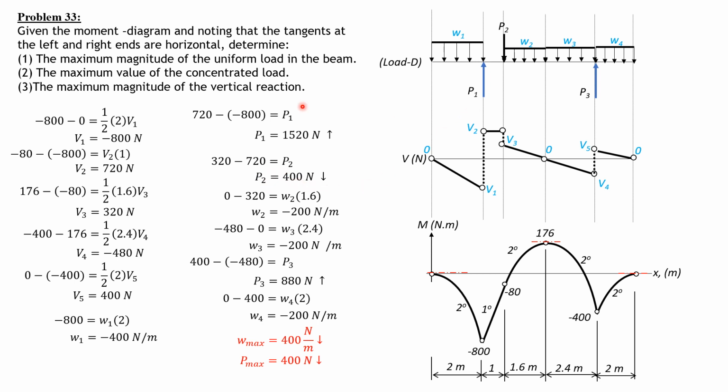Then number 3, the maximum magnitude of the vertical reaction. It's either P1 or P3, but P1 is greater than P3. So the maximum upward reaction is P1, which is equal to 1,520 newtons upward. So that's it, the solution to this problem.